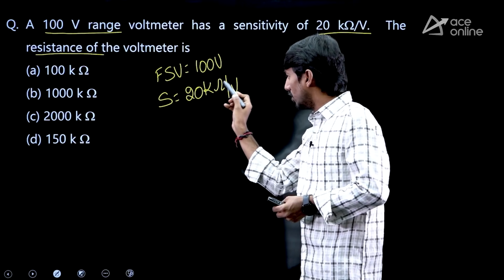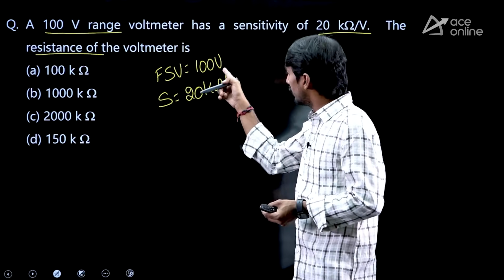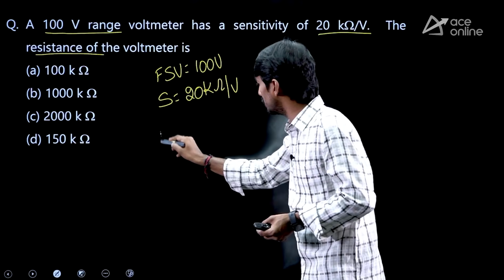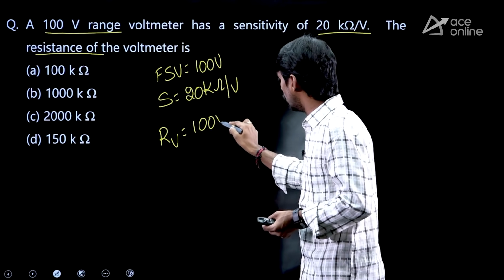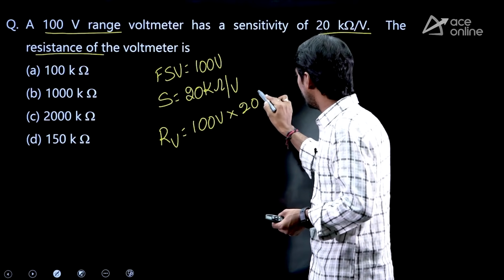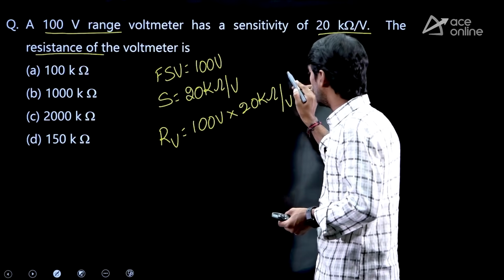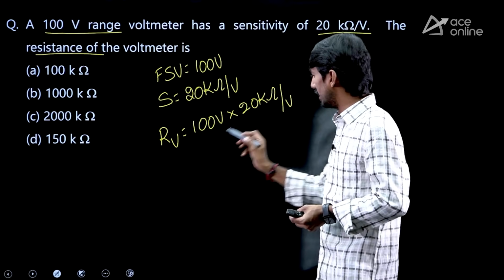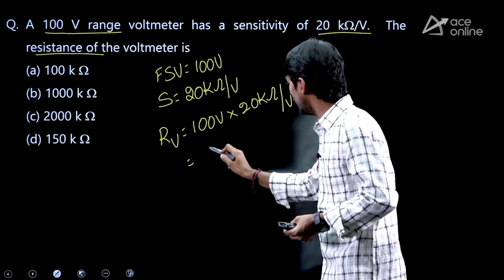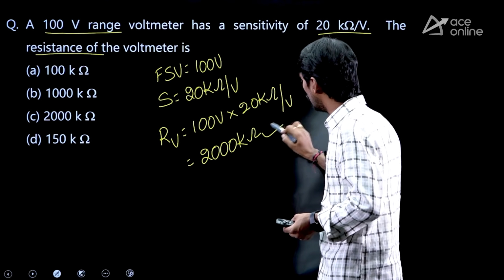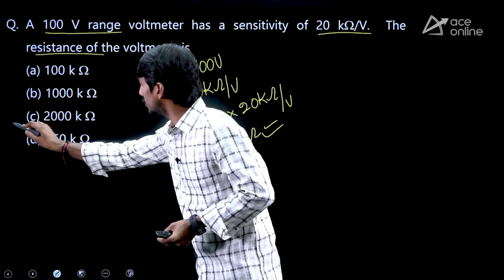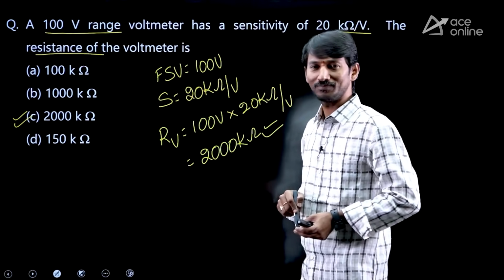Per 1 volt 20 kilo ohm is there, per 100 volt how much is the value? So simply RV is equal to 100 volt into 20 kilo ohm per volt. So simply what we can write now? 2000 kilo ohm. See the option? Yes, 2000 kilo ohm. Right?